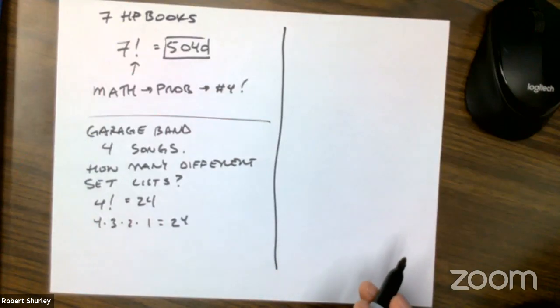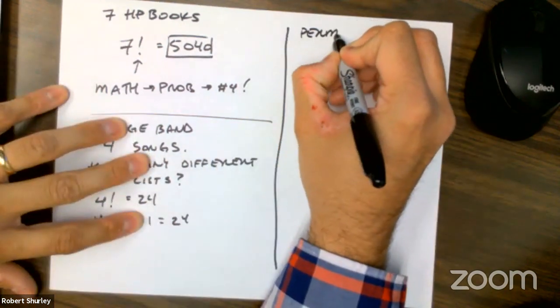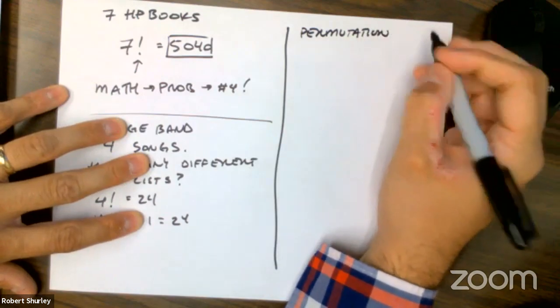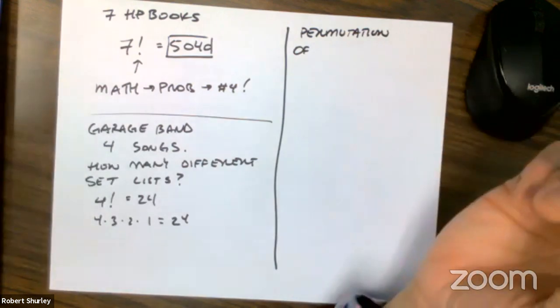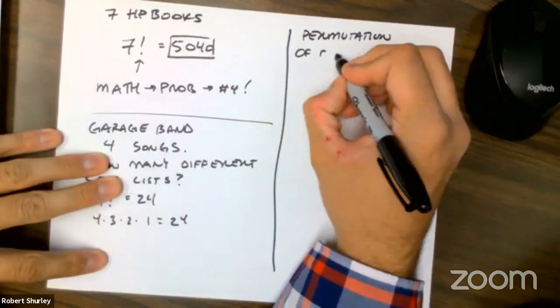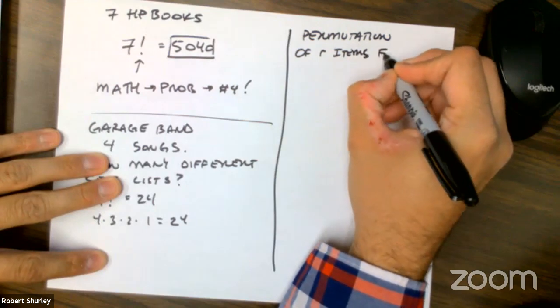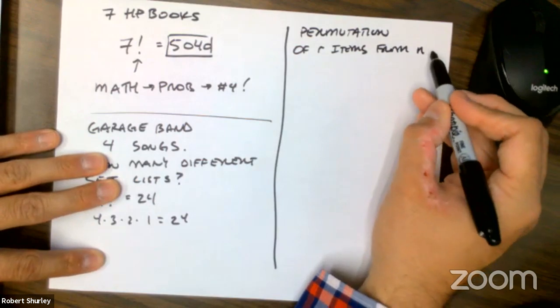It says a permutation of R items chosen from N. So it's still considered a permutation, but now we're going to choose a certain amount of items from the group. So they say of R items from N. So R is the small group, N is the big group.